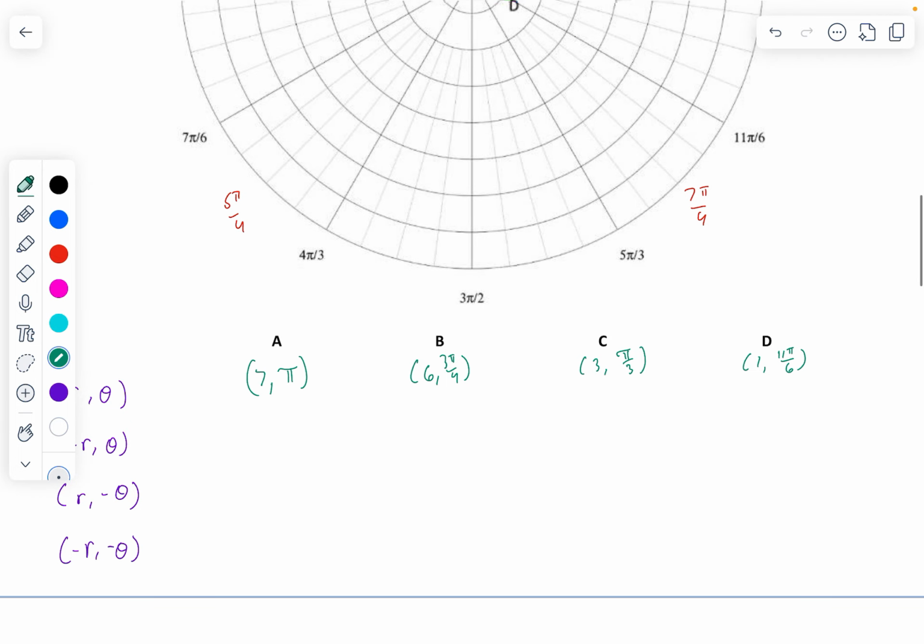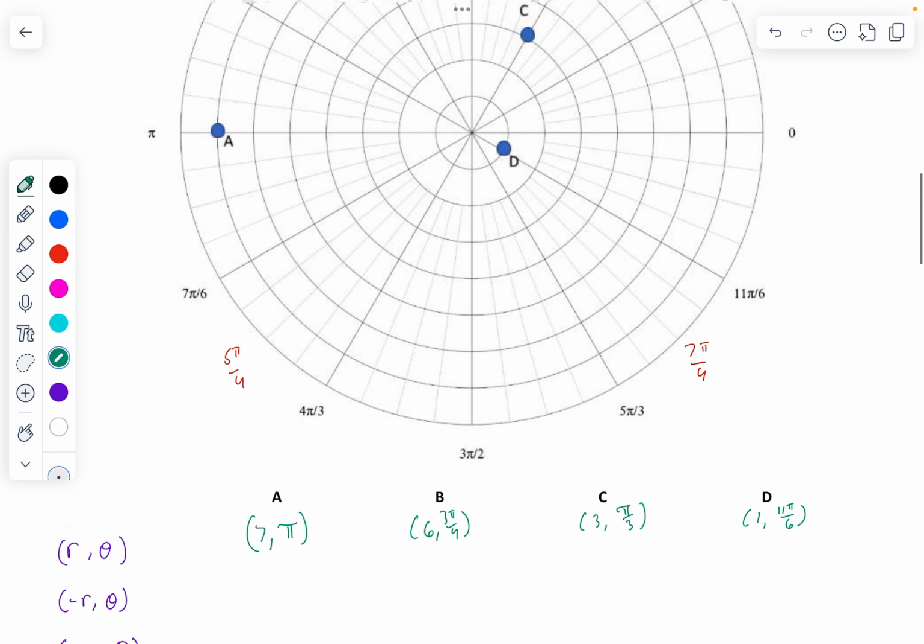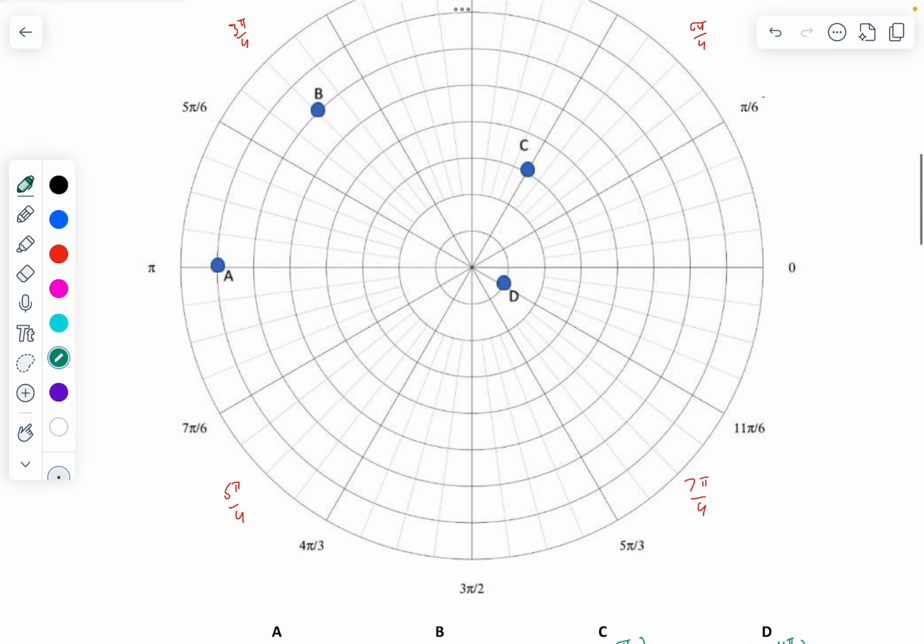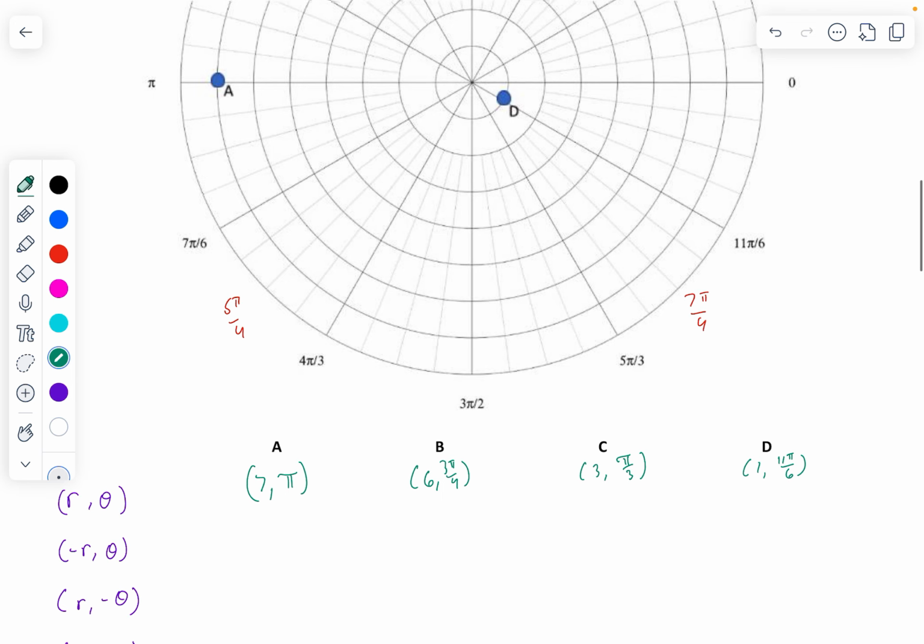Now, what happens if we want to label these with a negative R and a positive theta? Well, that's not going to be too difficult. What you need to understand is that R is the distance you are from the center. So if you have a negative R, instead of moving towards that angle, you're actually moving away from that angle.